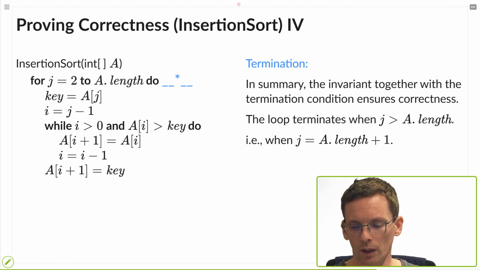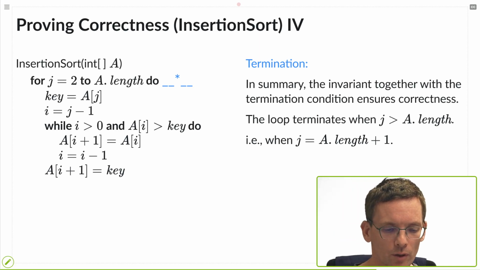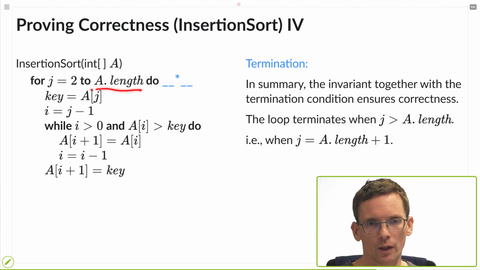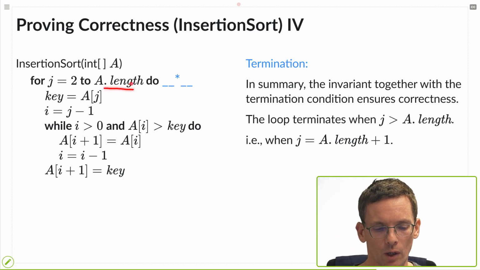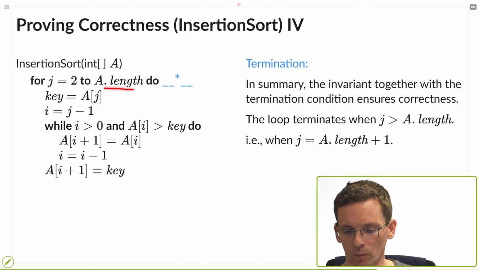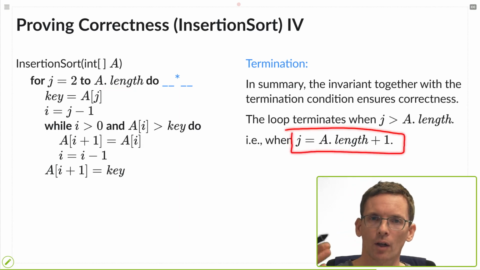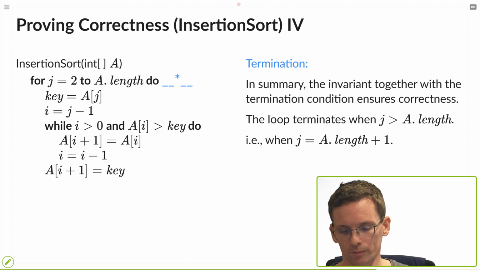More specifically, j is then length of A plus 1, because we increment. In the last iteration j was the length. Then in the next iteration, which does not happen because we're outside of this range, it would be length plus 1. So this is the j that we have when we step out of the loop.